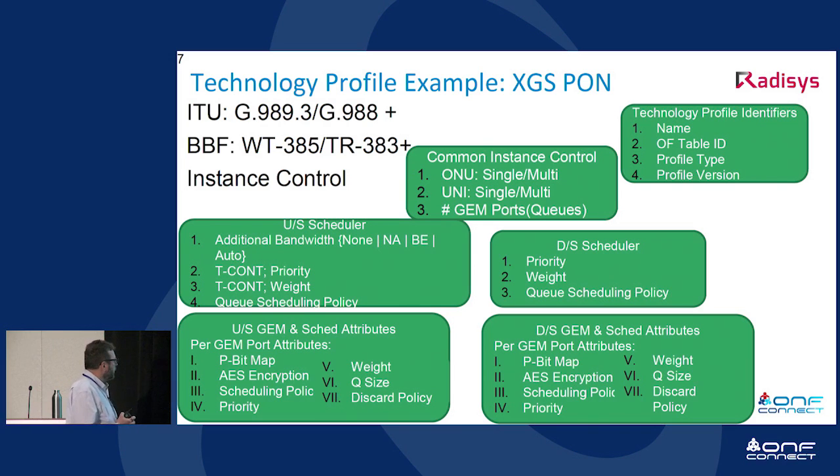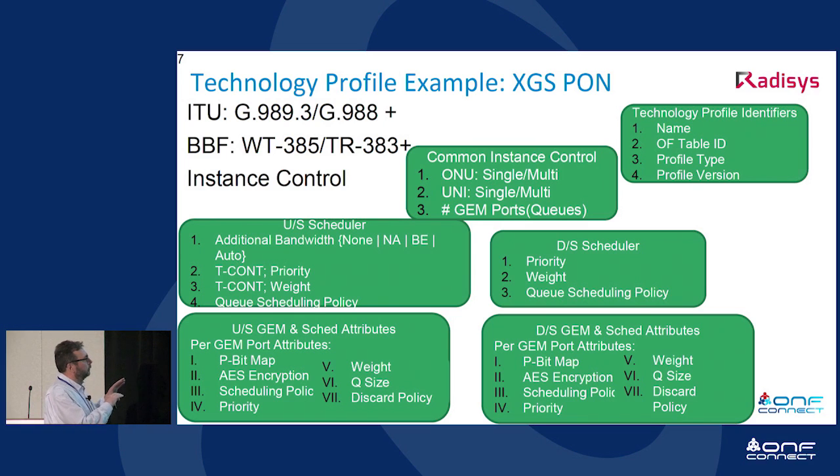We'll talk about that. And for each gem, I can define what p-bits get mapped to that particular gem for that service, whether I have encryption, discard policies, queue sizes, weight, etc.